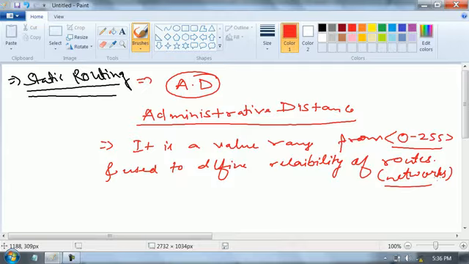Just tell me one thing. If I am holding this duster in my hand, I am so sure about it that it is a duster. But if I do it like this and I tell you it is a duster, will you believe? What I am trying to say is, the reliability factor for me is more, but for you is less, because my hand is connected to me but not connected to you.